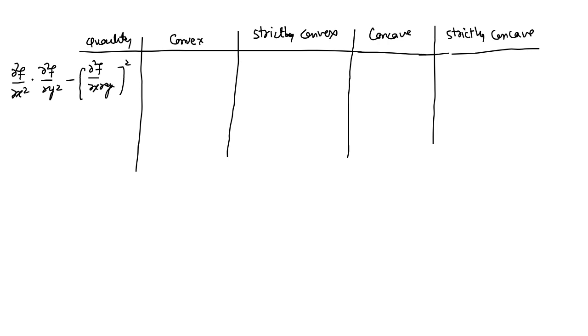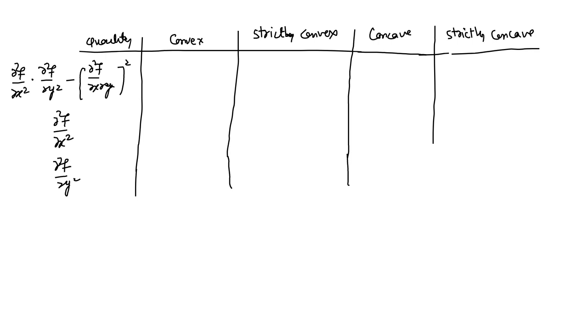So del square f upon del x square is denoted as r, del square f upon del y square as t, and s is del square f upon del x del y. And we write separately del square f upon del x square and del square f upon del y square. So this is our first column.